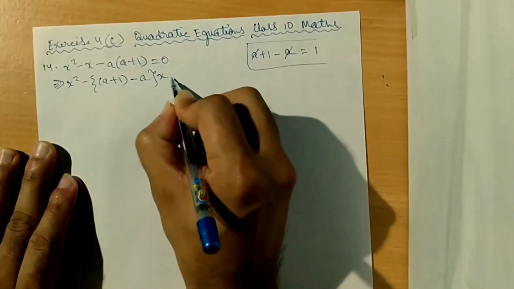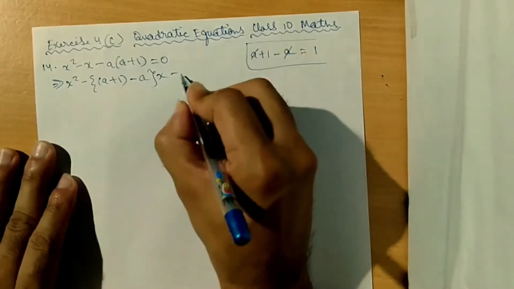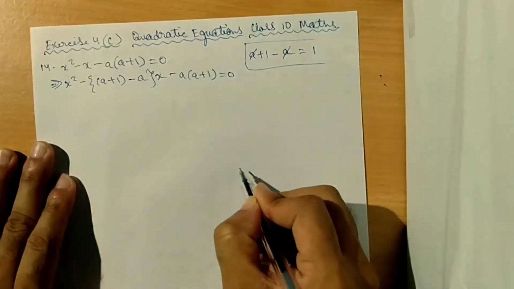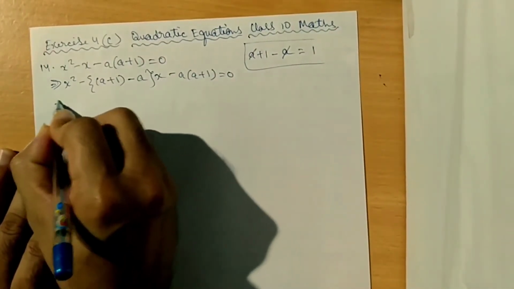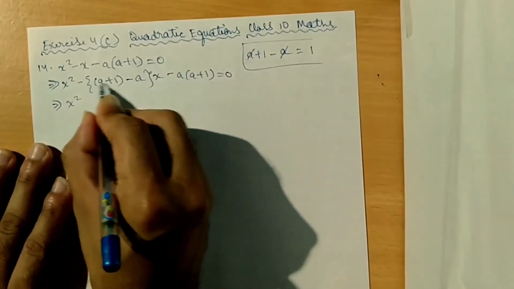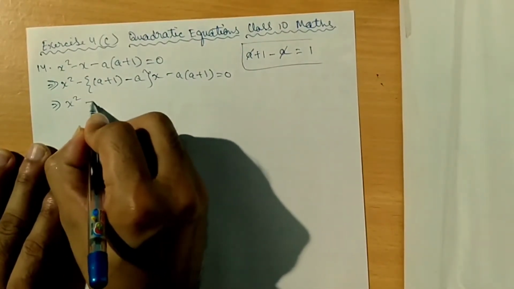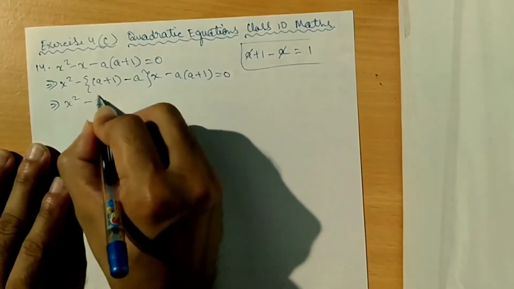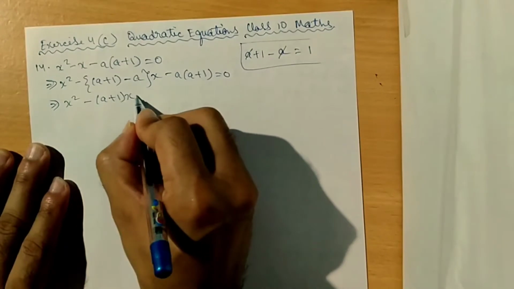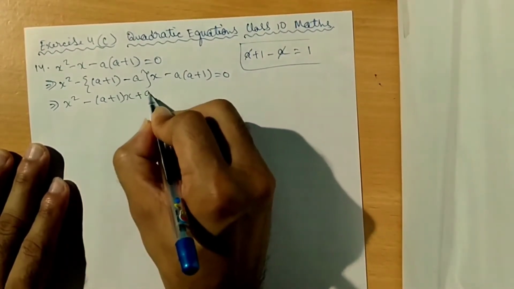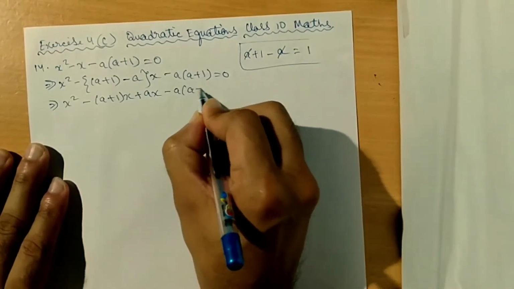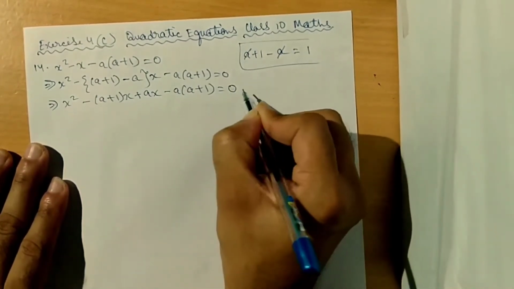Jadi bracket na follow x minus a into a plus 1, and this is equal to 0, and this implies x squared over the bracket ko open kabo minus into plus de minus a plus 1 into x de a plus 1 into x, then minus into minus de plus e into x e x, then sign the minus a into a plus 1, and this is equal to 0.